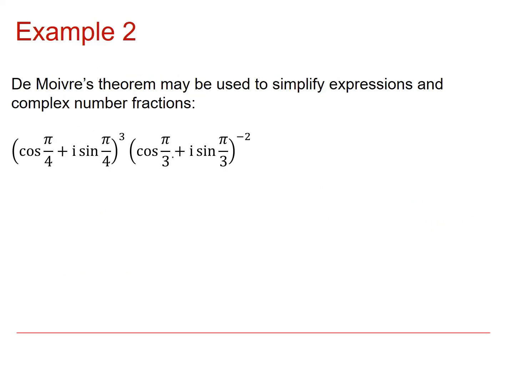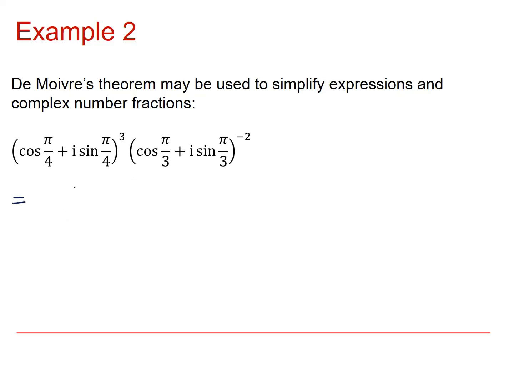Okay, a second example, and this one is actually again a fraction, but I've written the second power as a power minus 2, and I could put it back into a fraction like I did with the first example, or I can leave it with a negative power, and I'm going to do that for this example just to show you how that works through.